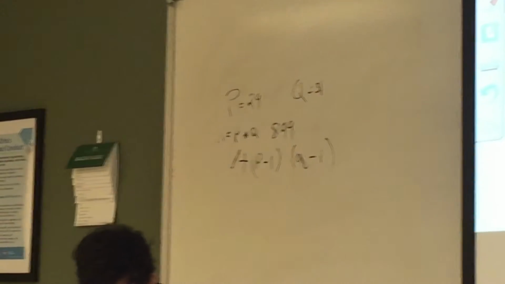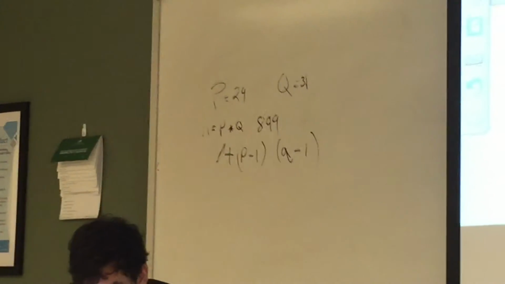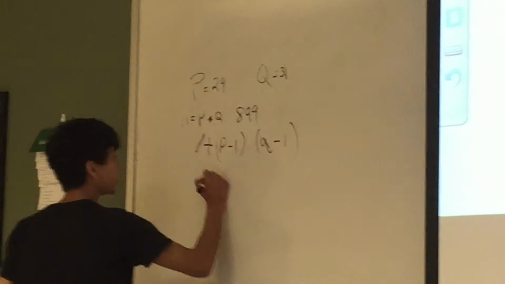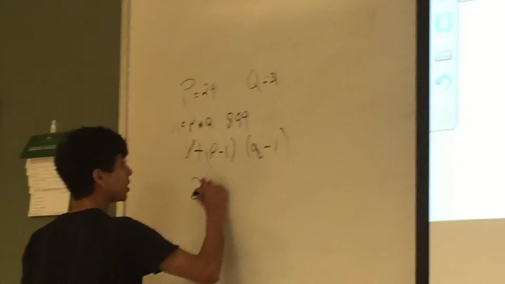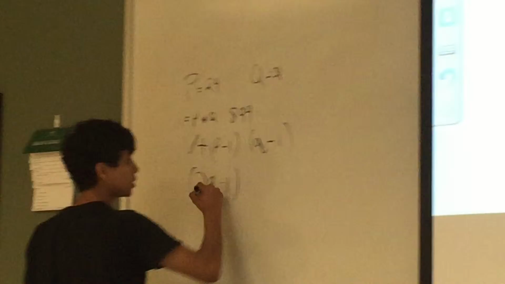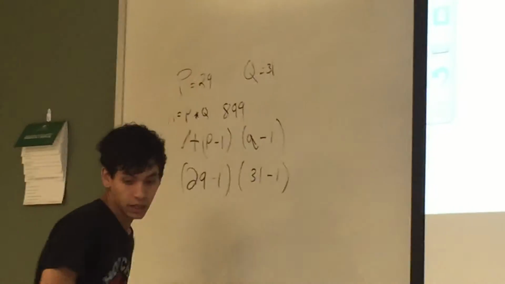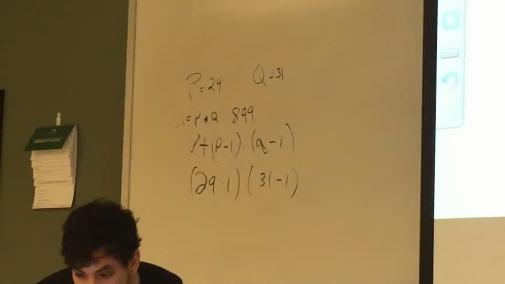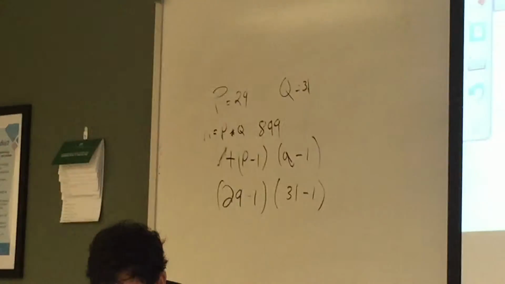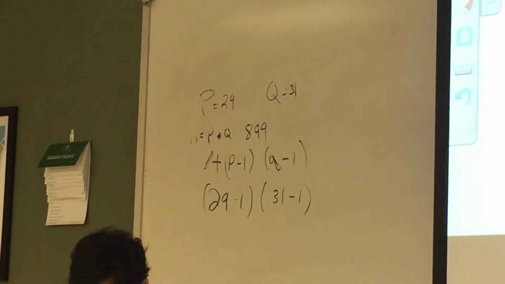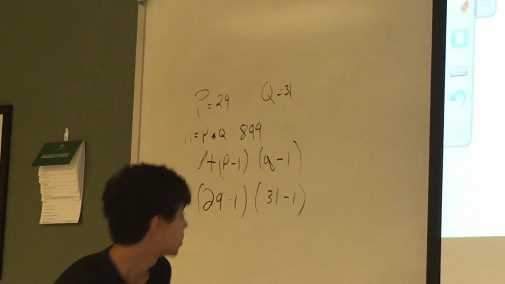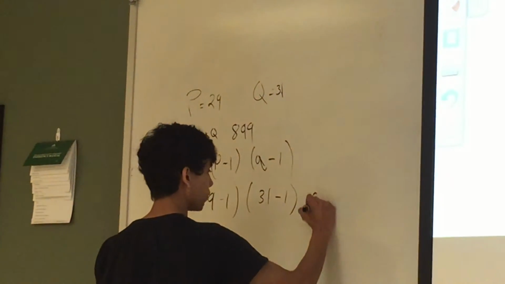Yeah. Okay, and then it would be 29 minus 1 and 31 minus 1. And you are given 840.